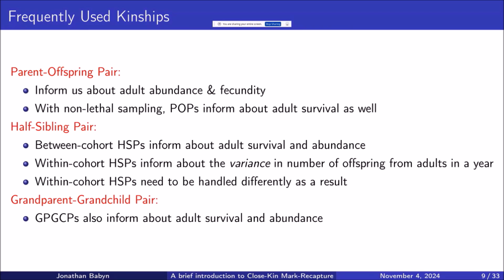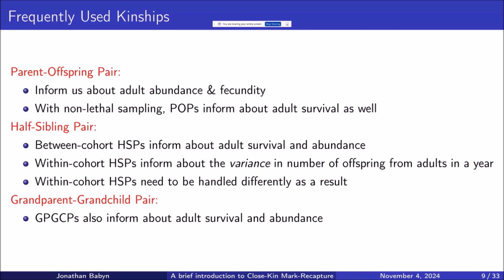Half-sibling pairs from different birth years, or between-cohort pairs, inform us about adult survival and abundance, whereas half-sibling pairs from the same cohort are a little bit different, and they end up informing us about the variance of offspring from adults in that year.